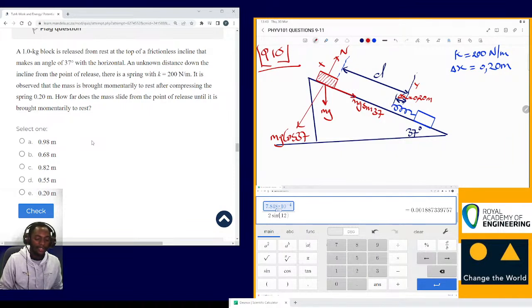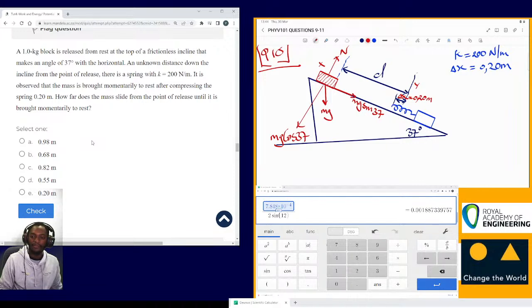So the energy required to stop this block is equal and opposite to the energy that this block possesses. And this is the energy that is being dissipated as a result of the spring, which is going to be used to load that spring.